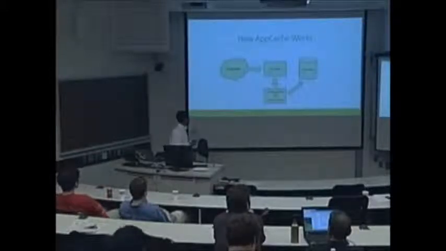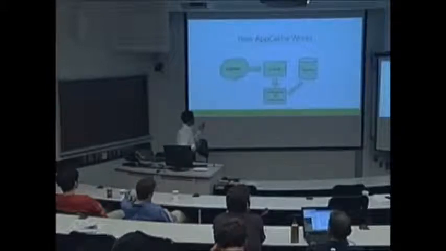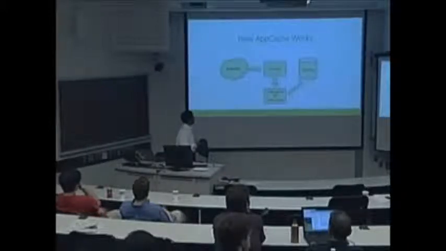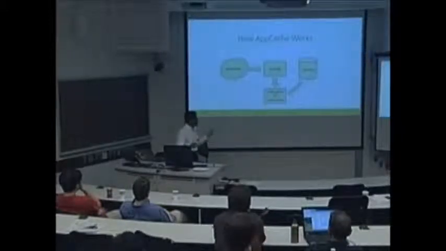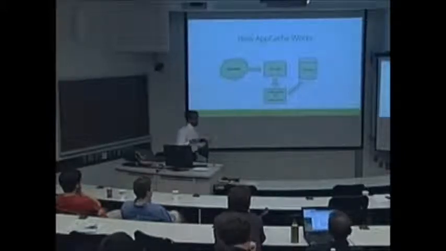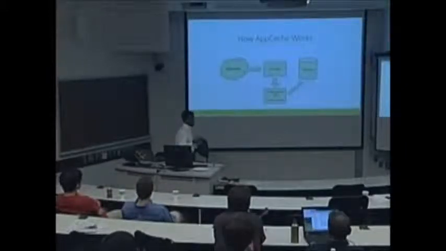And once the app cache interface sees this file and all the resources listed within, it will cache all of them. And then in subsequent requests to those resources, instead of getting them from the server, it'll get them directly from app cache. And this allows for offline browsing. You can cache other pages in your application so that you can browse it just like a normal application when you're connected to the internet.